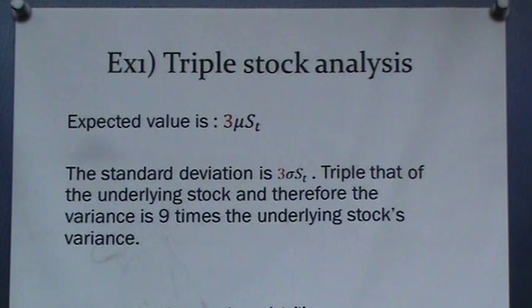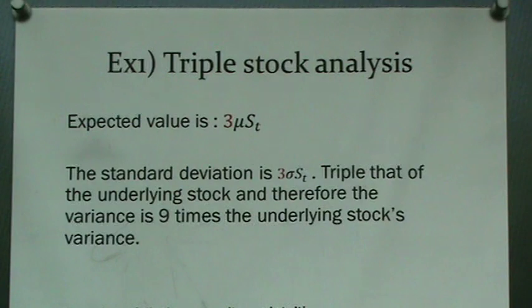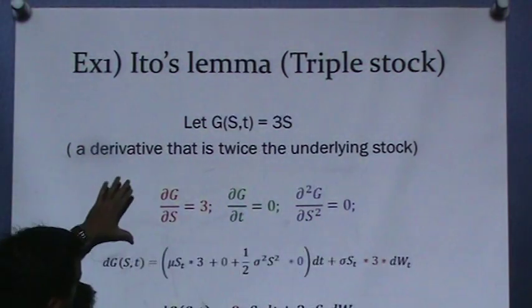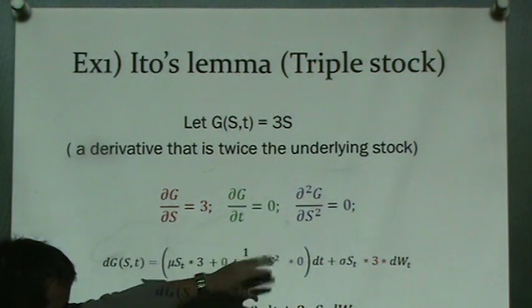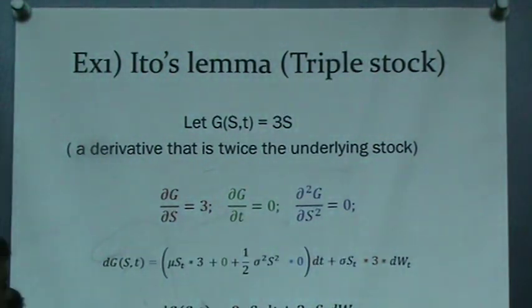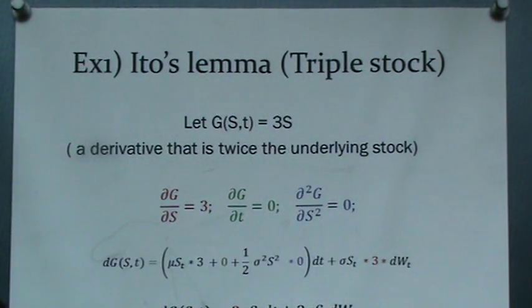So the expected value is 3 times higher than the expected value of the original stock, which we kind of expected because we're just taking the stock and multiplying it by 3. The standard deviation, let me go back to that formula. When we crank out our new formula, after we compute the derivatives and second derivatives, we plug that into Ito's formula. We clean it up a little bit and we get a new Ito process.